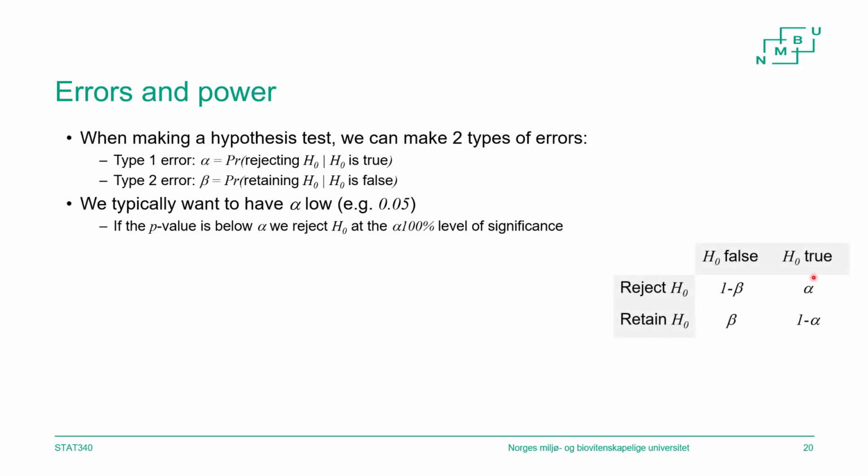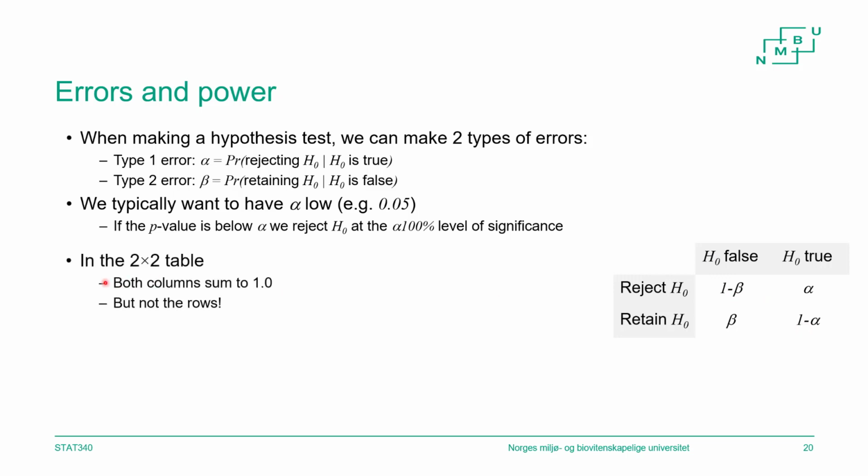Let's put up this 2x2 table, because the null hypothesis is either false or true, right? This is not known. We don't know which one of these they are, but we either reject or we retain. And of course, if we reject and it is true, we make this error, right? So this is the probability of doing this error, while this is the probability of doing this error. And if we are here or here, we are happy.